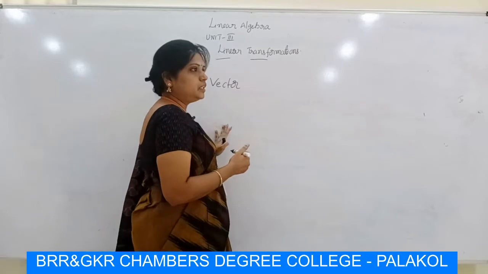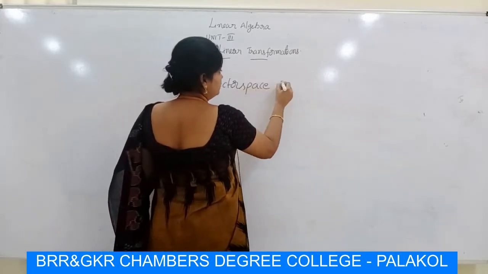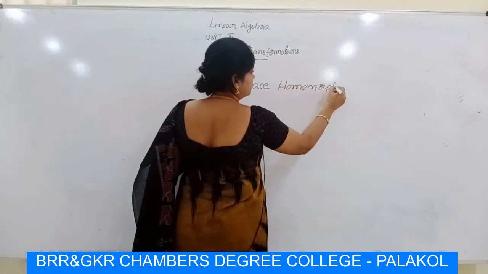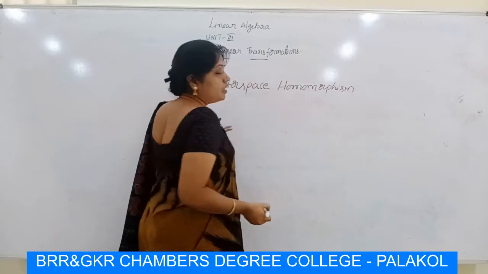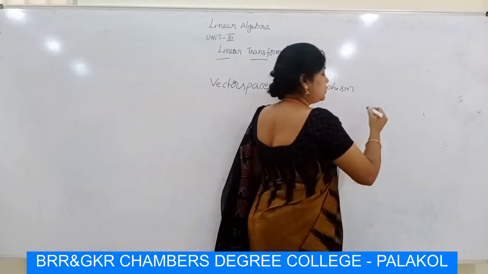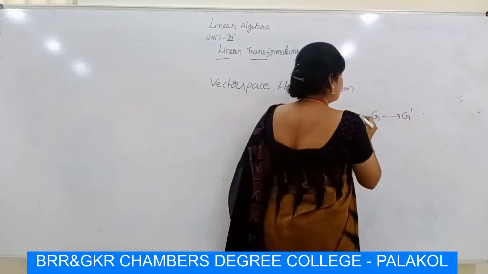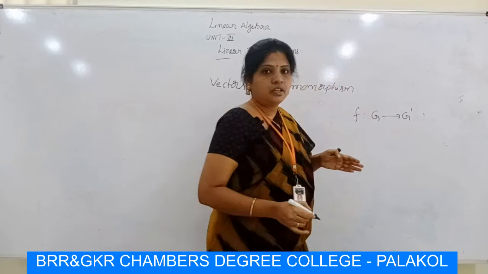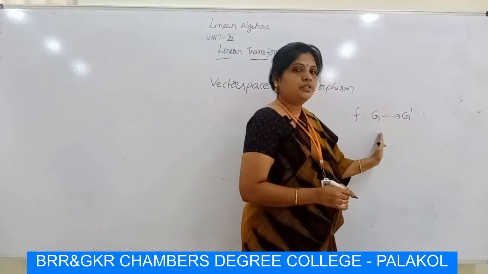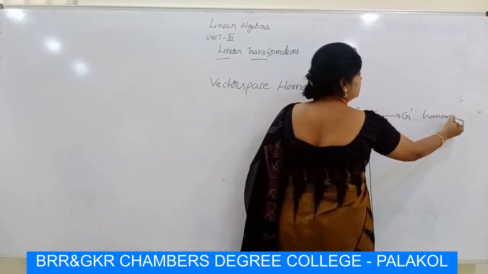In group theory, when one group interacts with another group by using a homomorphism, it is called a group homomorphism. In between groups, the homomorphism is called a group homomorphism.